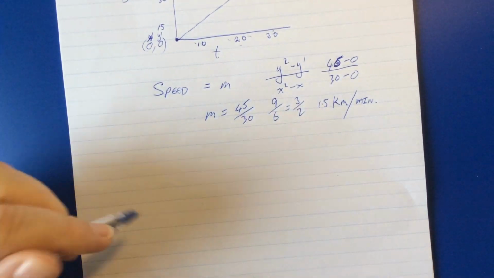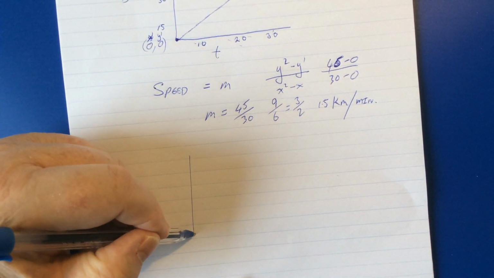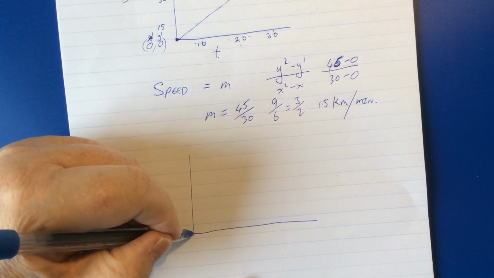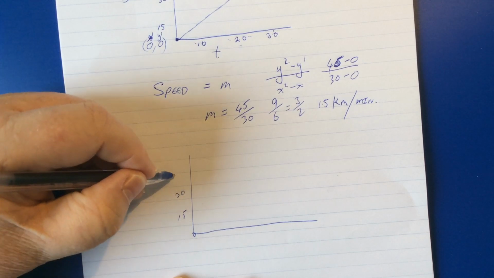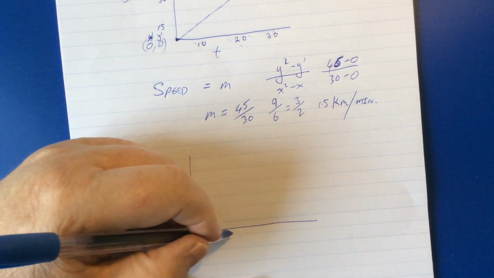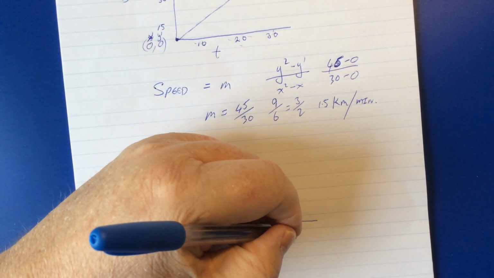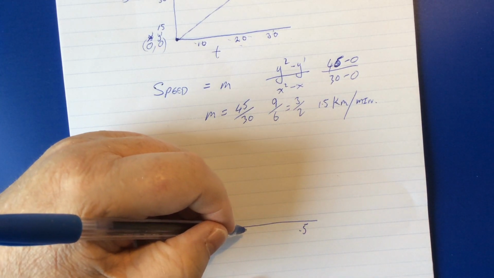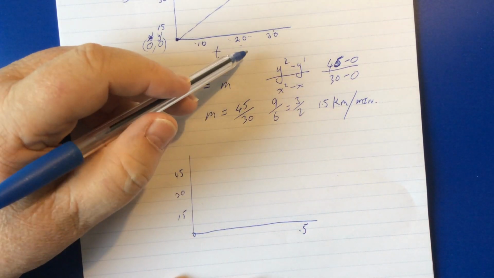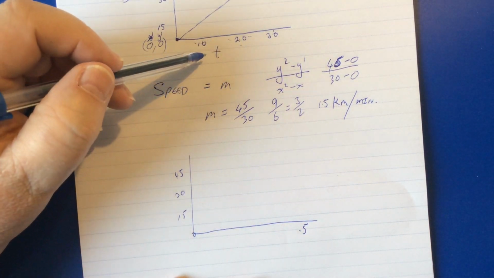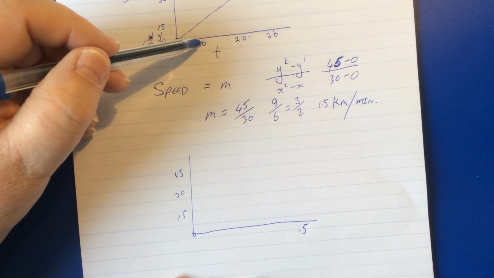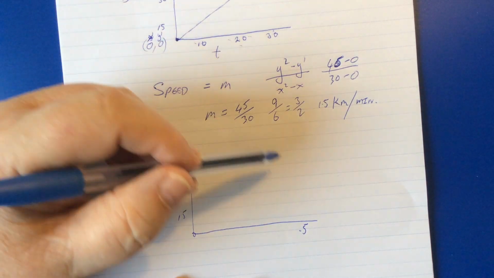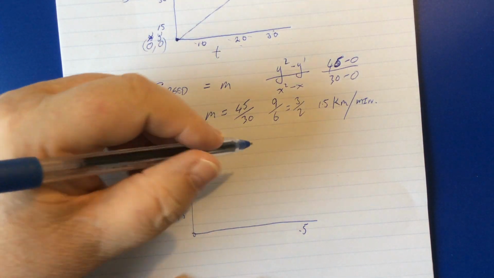Now, let's recalibrate, and we'll do this in hours. So we've still got the 15, the 30, and the 45 kilometers here. 30 minutes is 0.5 of an hour. We don't need to bother about the other measurements, because we've really only got data for 0.5 of an hour.